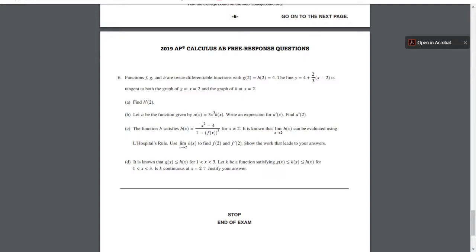The limit needs to be equal to the value of the function. We know that both at 2, g and h are both equal to 4. So, let's start off with the value of k of 2 is going to be equal to 4.